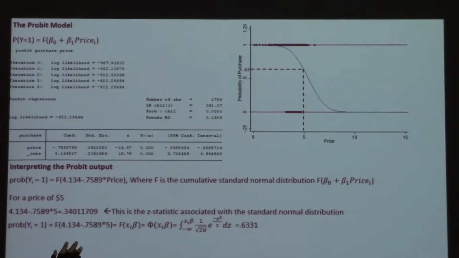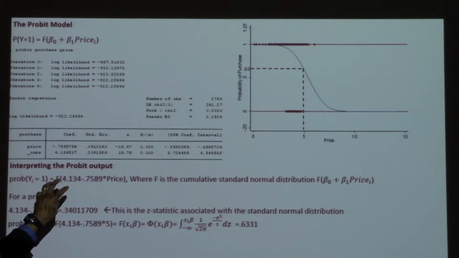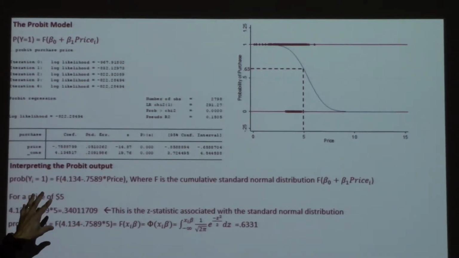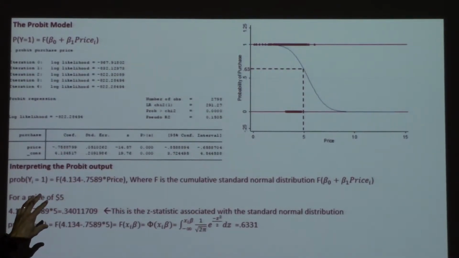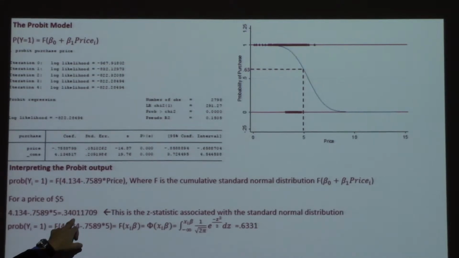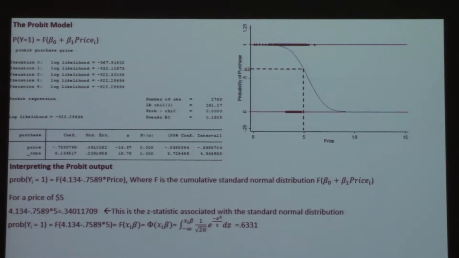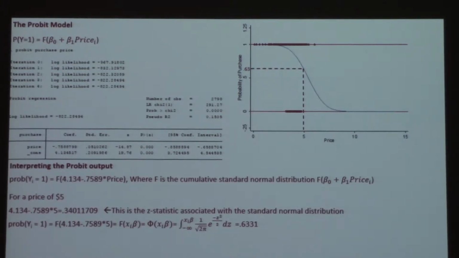So if we wanted to know the probability of purchasing at $5, we plug it into that formula, and that gives us the z-statistic associated with that probability. That was the 0.34. So remember in stats, when you took stats, you probably had the z tables at the back of the book, and you looked up the z-statistic and it gave you a probability.